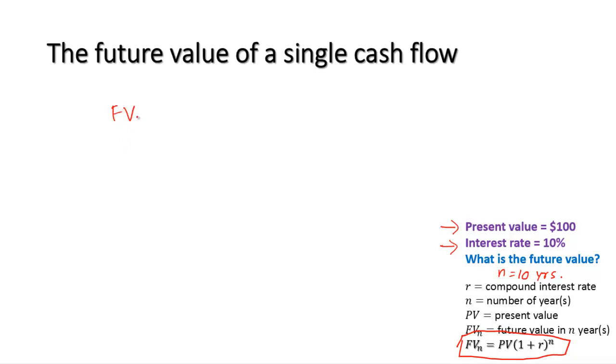The future value after 10 years will be equal to PV, which is $100, times 1 plus r, that means 1 plus 10%. What I prefer is to write it in a decimal format when I do it on paper, so I'm writing 0.10, which is equal to 10%, to the power n. n is 10 because it is 10 years.